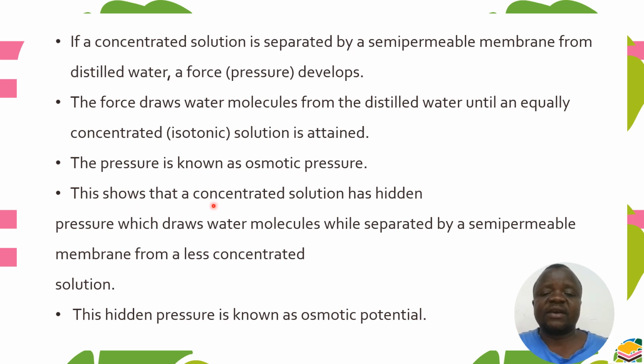Now, this shows that a concentrated solution has hidden pressure which draws water molecules while separated by a semi-permeable membrane from a less concentrated solution. This hidden pressure is known as osmotic pressure. So osmotic pressure is a hidden pressure that is exerted by the highly concentrated solution through the semi-permeable membrane.